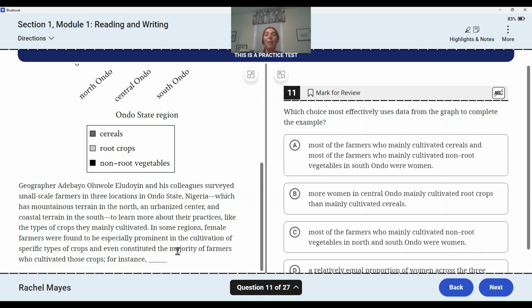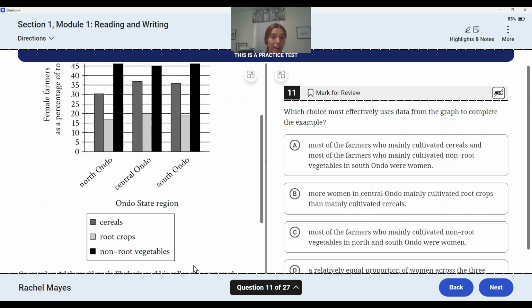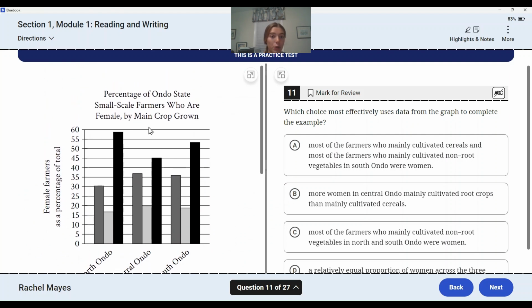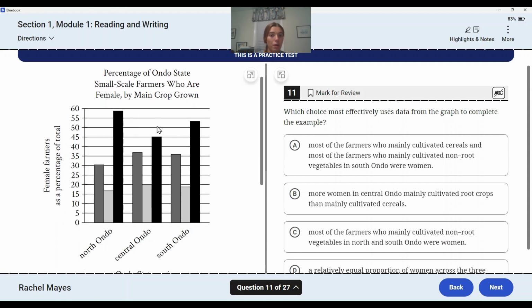Okay, so my guess is that this graph above is going to talk about crops in some way and the genders of the people cultivating them. So let's take a look at it. Percentage of Ondo State small-scale farmers who are female by main crop grown.